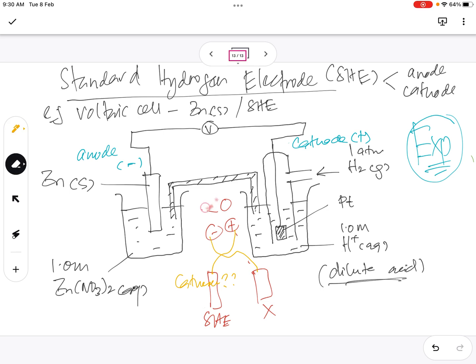Saya dah switch. Kemudian bacaan dia sudah jadi lebih daripada kosong. Soalan saya, siapa cathode? Who you think is the cathode? SHE, sir. SHE jadi cathode. SHE, very good. SHE akan jadi cathode. So you understand SHE macam mana nak baca.